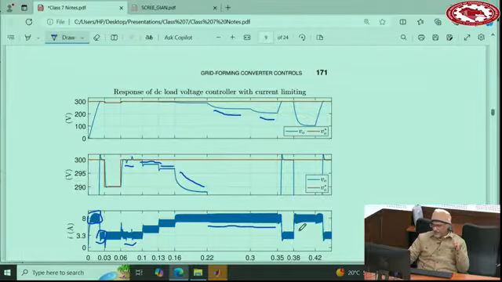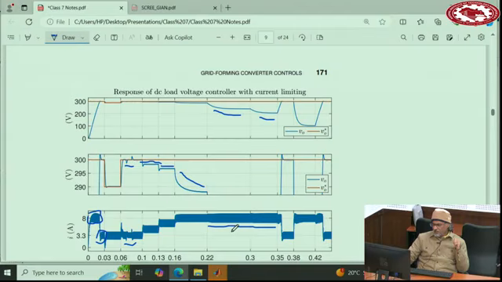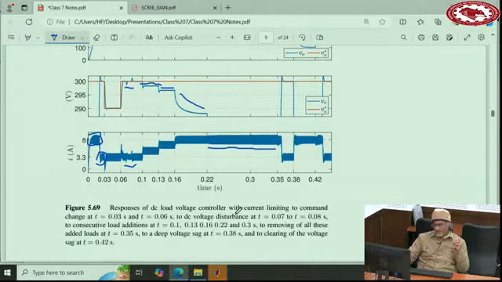And what happens here at 0.38, a deep voltage sag at 0.38? I think I meant a short circuit almost at the output, or a very large amount of load at the output, because voltage sag doesn't mean anything here.